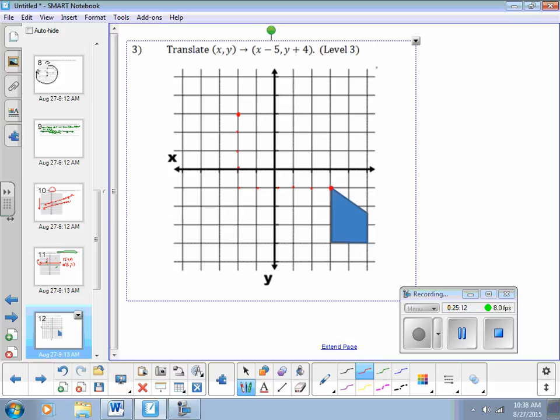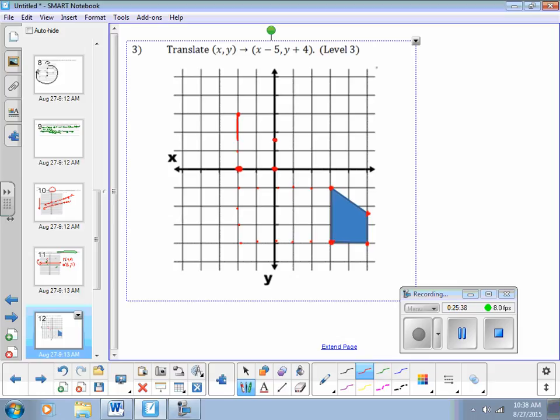That's this point. 1, 2, 3, 4, 5 to the left, up 1, 2, 3, 4. That's that point. And then this point is just 2 units away, so it should be right there. Do you notice this part right here is about 1.5 units away from this point right here? So you're just kind of roughing that out.